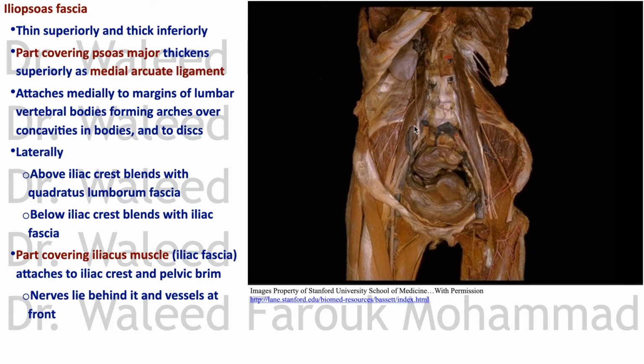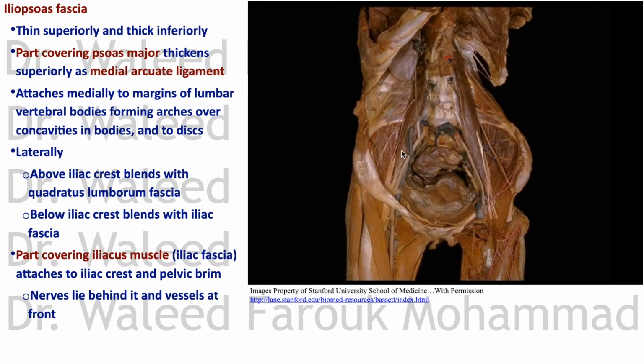Laterally, above the iliac crest, it blends with the quadratus lumborum fascia, and below the iliac crest in this region it blends with the iliac fascia. So here it blends with the quadratus lumborum fascia, as this is the quadratus lumborum muscle, this is the fascia covering the muscle, and the iliacus with the iliac fascia joins or merges or blends with the psoas fascia.